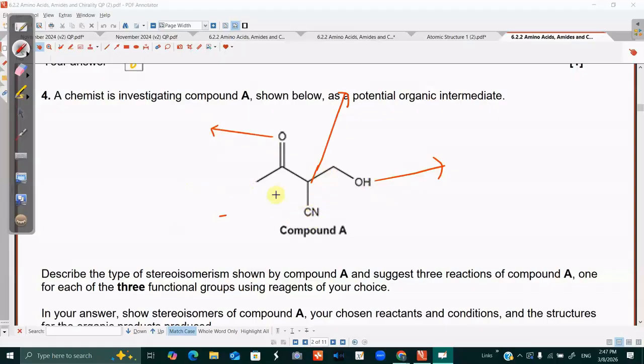For the nitrile carbon, CN, what do you think? Well, potassium cyanide reaction. Potassium cyanide. Okay.